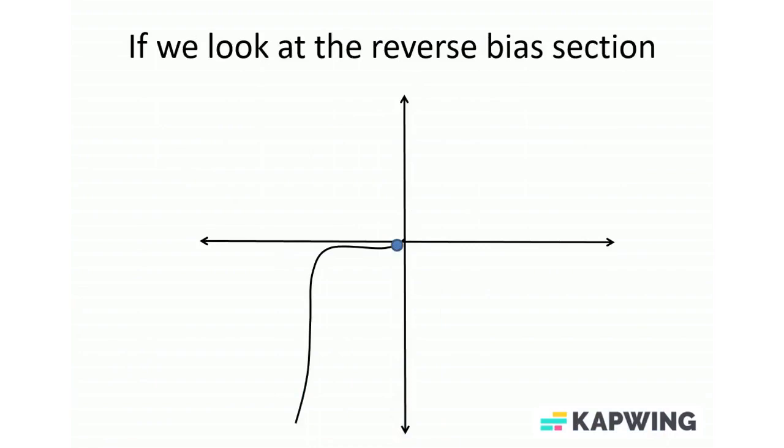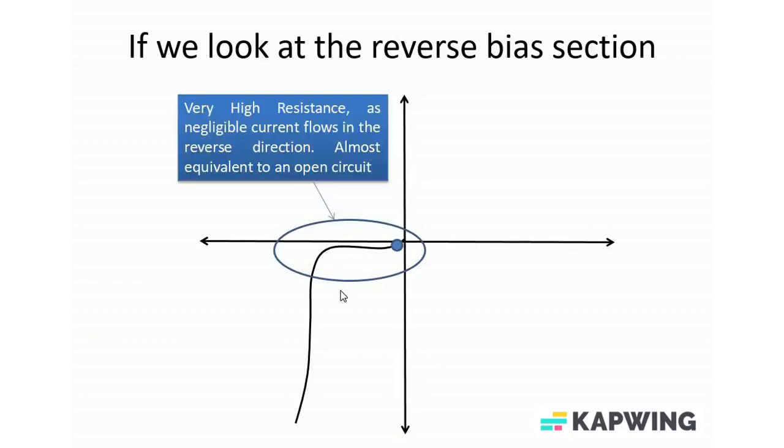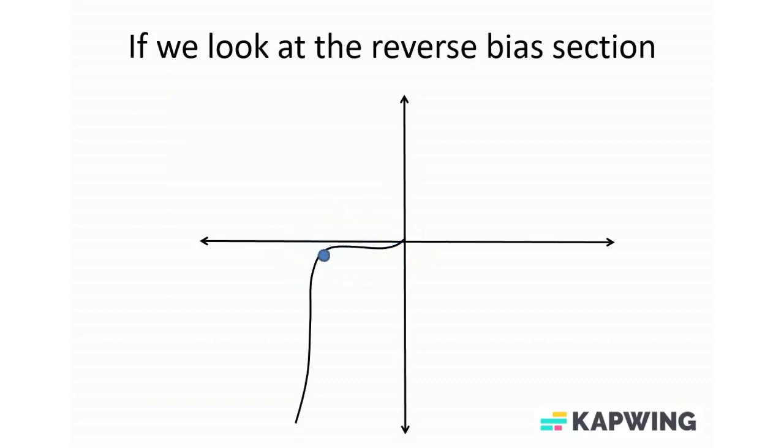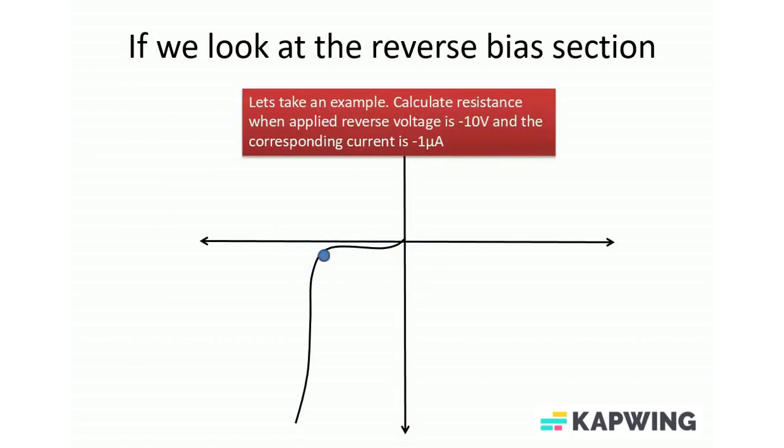Now let's consider the reverse bias region. We know that during reverse bias operation, the diode offers maximum resistance. The diode does not allow the current to flow. Negligible current is flowing through the device. So this is a high resistance region of operation. And let's consider one more numerical in this place. In this example, we are given two values. The applied voltage is, let's say, minus 10 volts, and the corresponding current is minus 1 microampere.